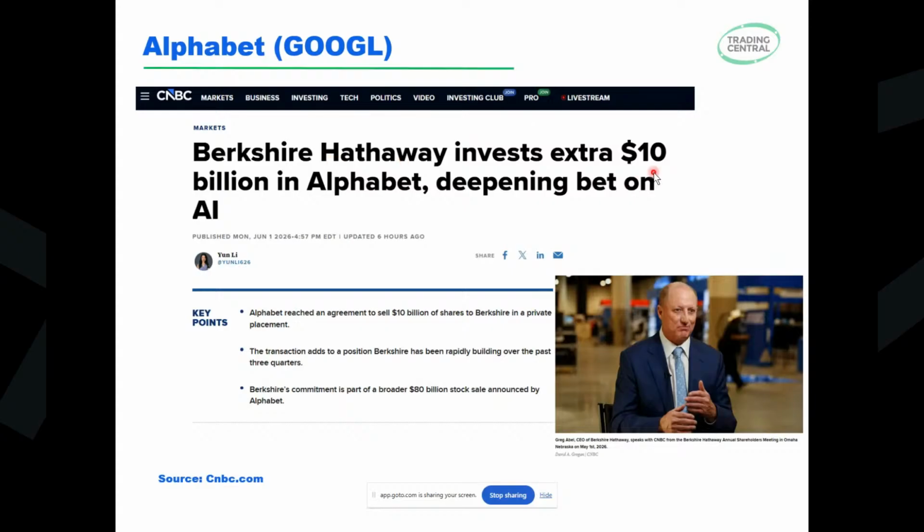Alphabet is raising capital, $80 billion to fund its operation, particularly its AI operation. So I think Alphabet is the best AI stock, partly because I follow Berkshire Hathaway. Sometimes I know that I'm not very smart, and I follow those smart people. Do you agree?